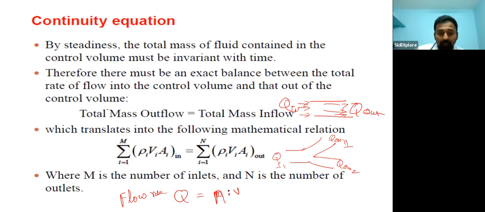If you use mass of fluid, then it will go for momentum value. Okay, so area into velocity. Area of flowing fluid into velocity of fluid. So this will give the value of flow rate.